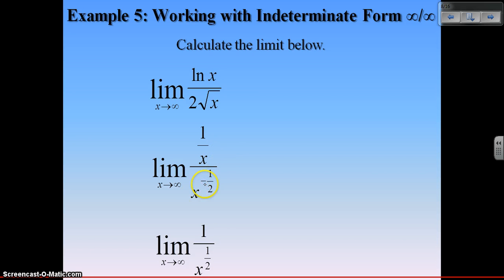That's going to cancel out the bottom, because that would give me x to the 0. And when you multiply the top by x to the 1/2, it leaves x to the 1/2 on this part right here. Now if I were to plug in my infinity, I have 1 over radical infinity, which is 1 over infinity, which is 0.